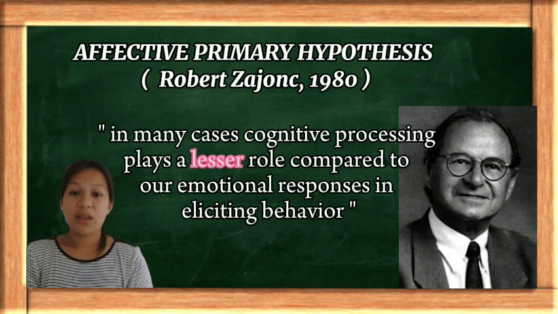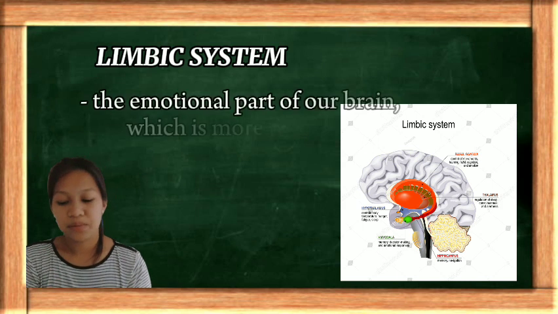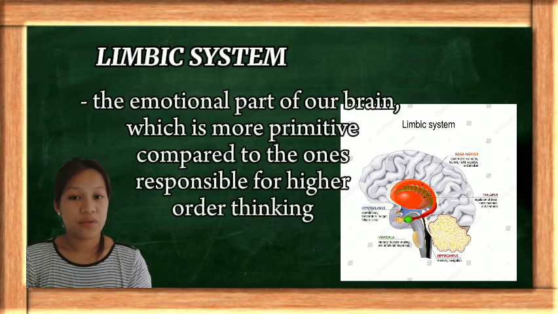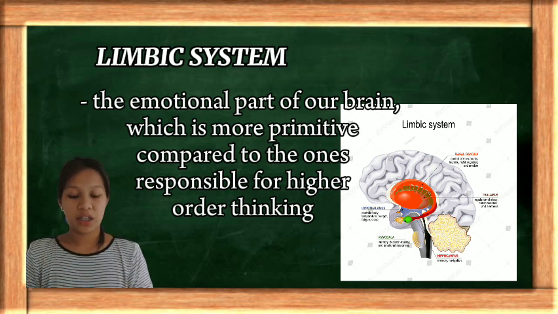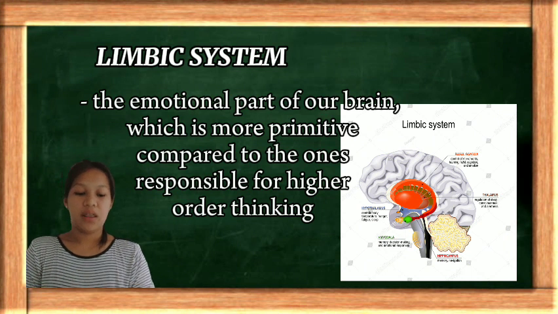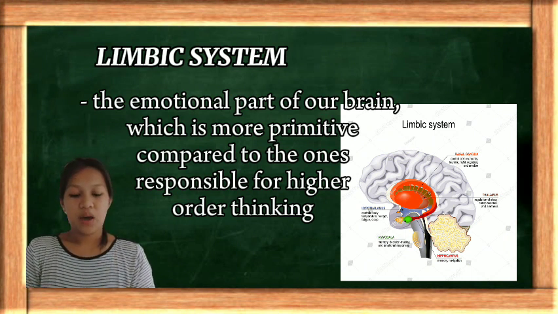So, what is the limbic system? The limbic system is the emotional part of our brain, which is more primitive compared to the parts responsible for higher order thinking. This is where the sensorium and the human affect lead.